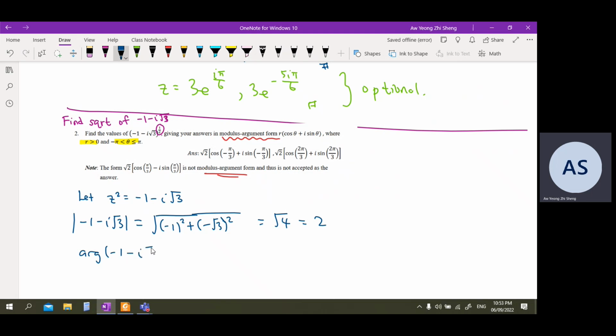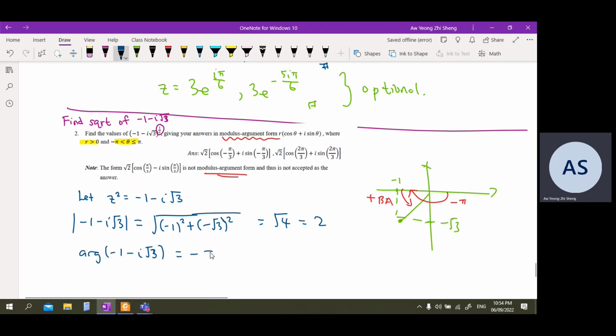Argument of -1 minus i root 3. If you visualize the Argand diagram, this will be a point in quadrant 3, (-1, -root 3), where we'll have to take minus pi plus the basic angle.